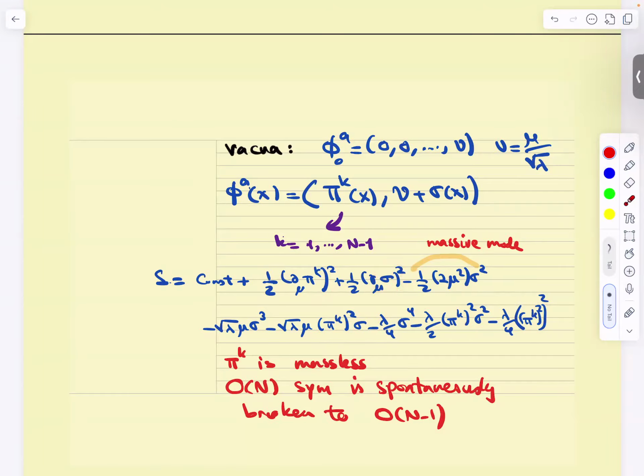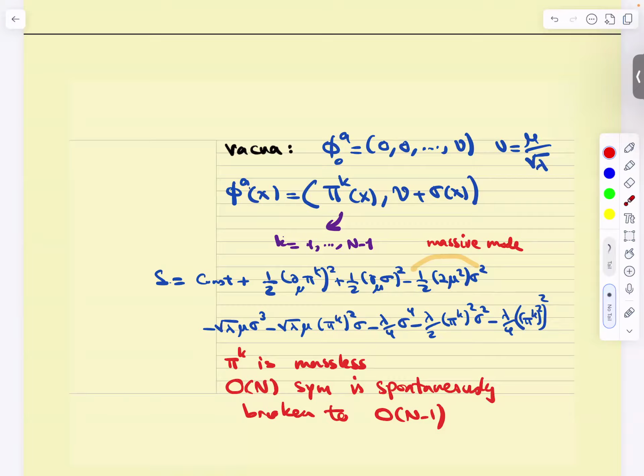However, the sigma has a mass term, which has the right sign, actually. It's massive. But notice also that now we got all sorts of interactions between these guys. This is an interacting theory where we have a bunch of scalars that are interacting with each other. They're not really scalars, unless this was O(2).